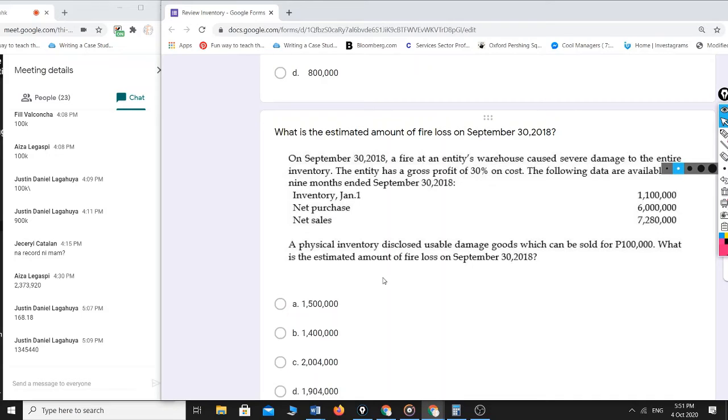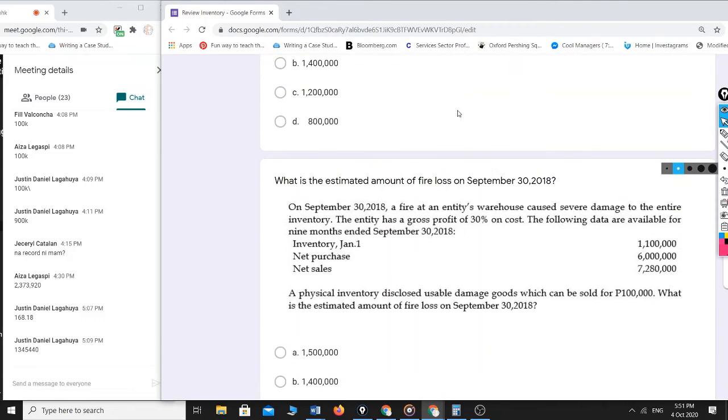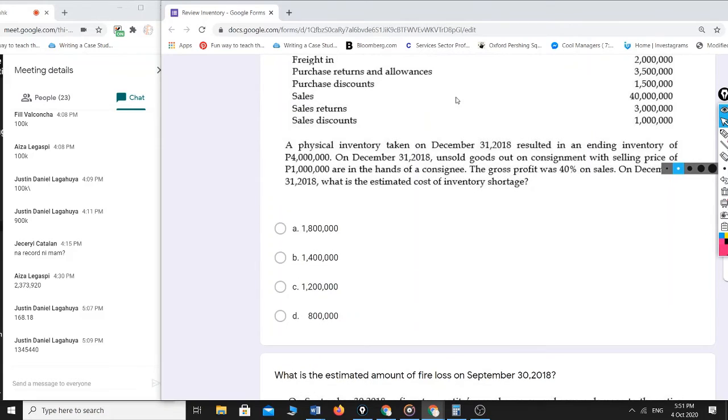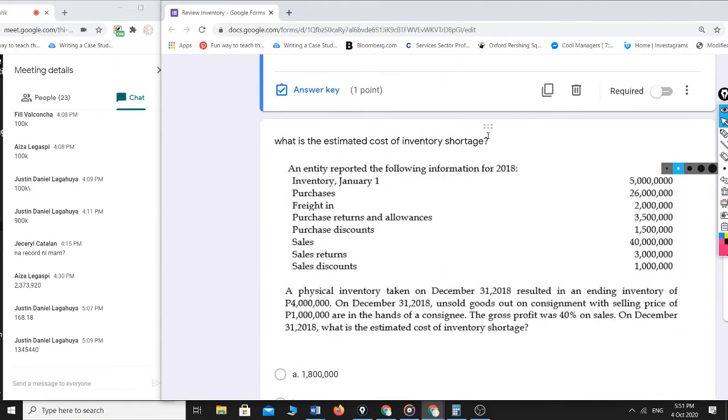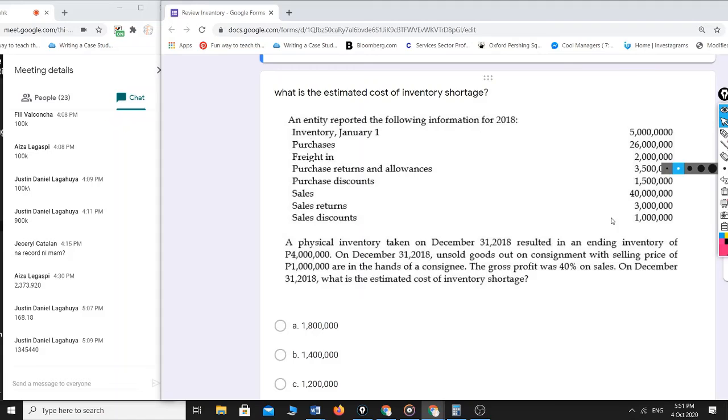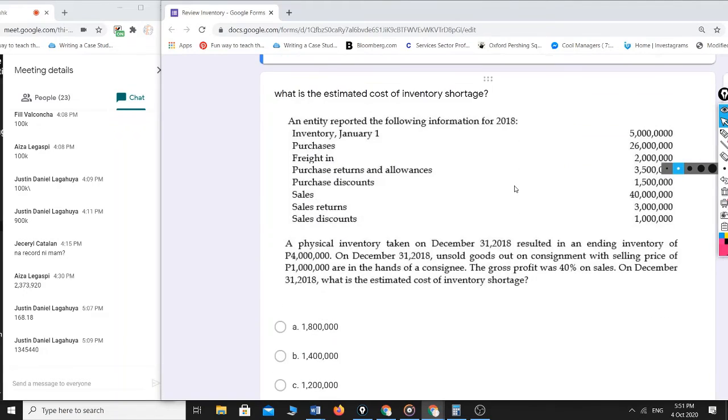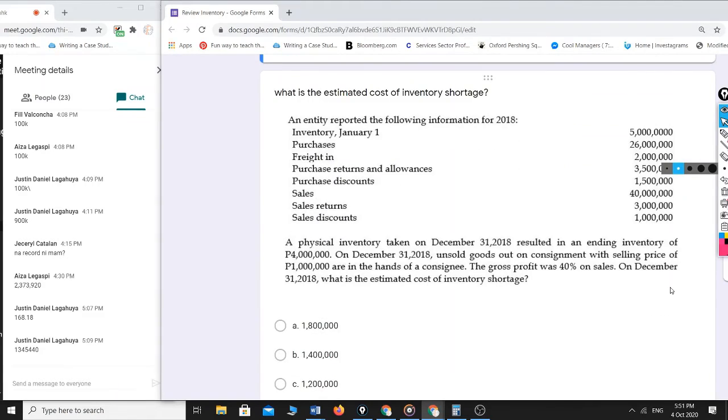First is the gross profit method and the second is the retail inventory method. The gross profit method is easier for me, easier compared to the retail inventory method because in the retail inventory method there are a lot of items that you should take into account. So between the two, the gross profit method is much easier.